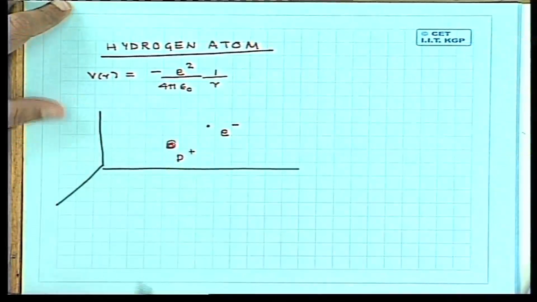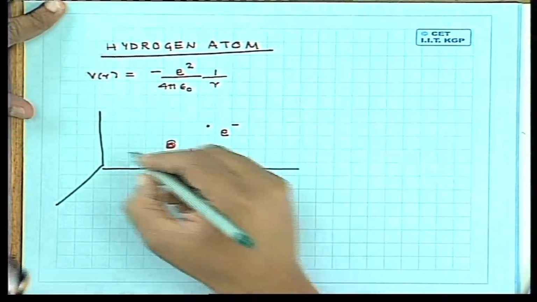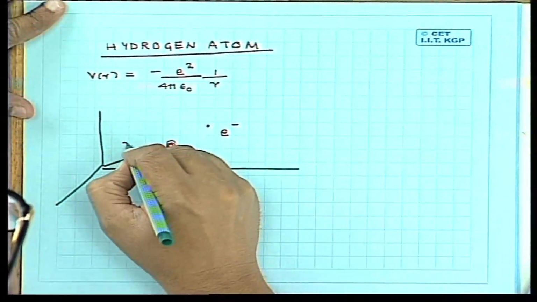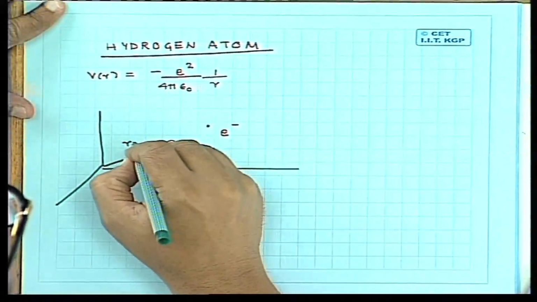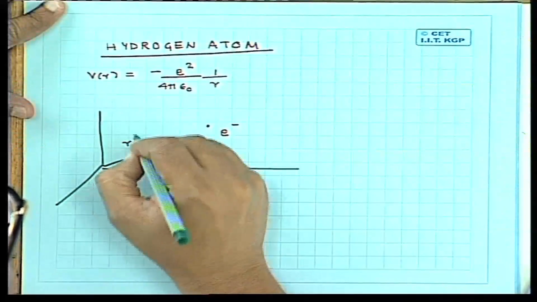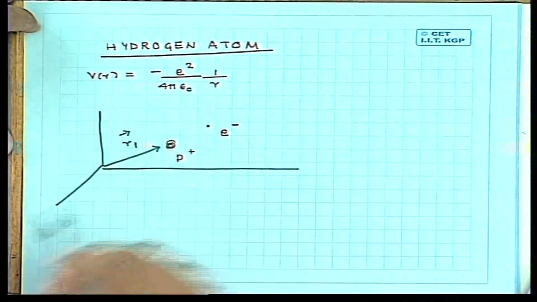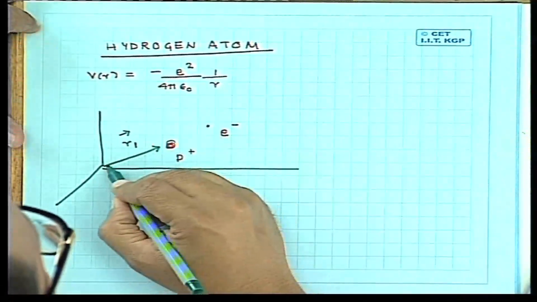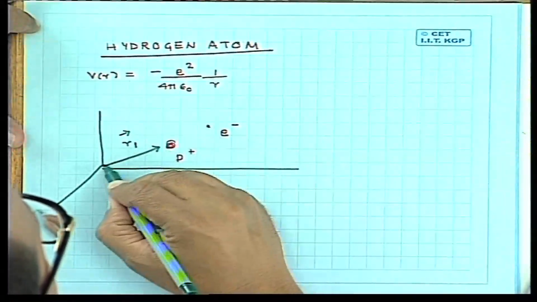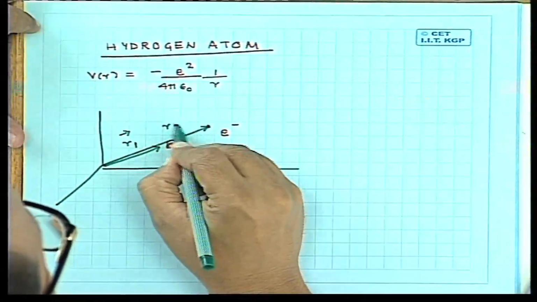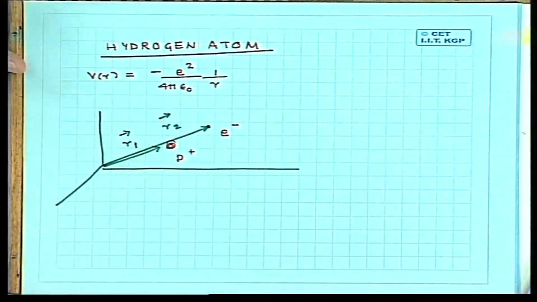We are going to use this particular set of coordinate systems to start with, and let R1 be the position of the proton, let R2 be the position of the electron.